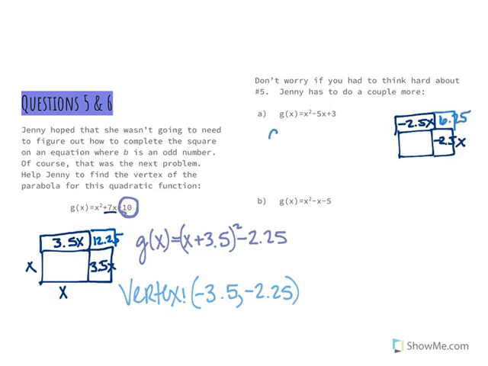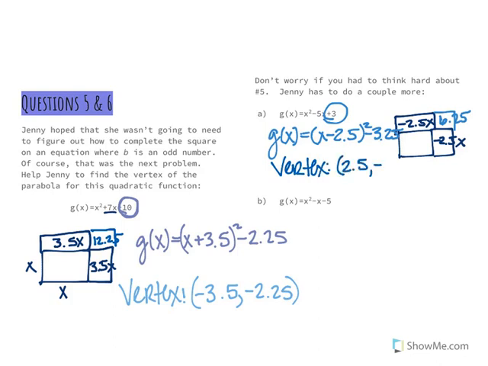So our vertex form here would be x minus 2.5 squared. Now here we have 6.25 units, but we need 3. So we need to take away 3.25 of those units. So our vertex in this situation would be a positive 2.5 and a negative 3.25.